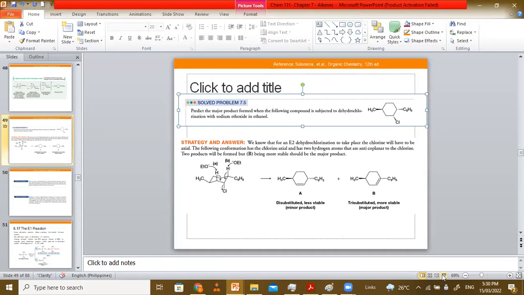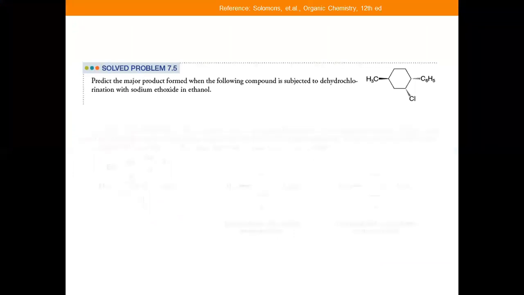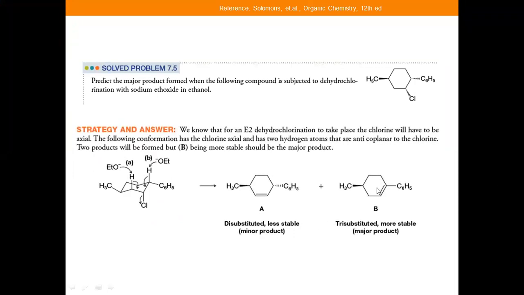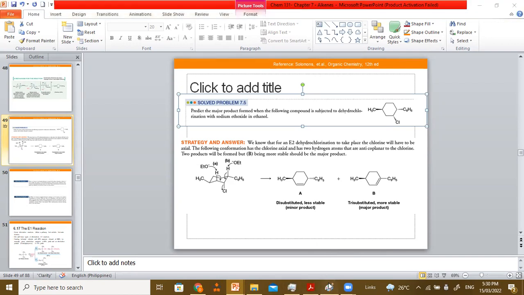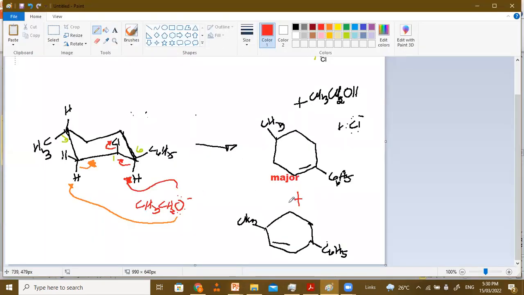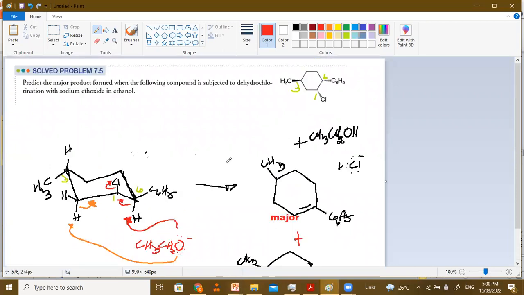Okay, so your major product is the one where it has the C6H5, carbon 1, 2, 3, you have here. And we're showing whether it's the same side or opposite side. You can follow what's the original, this one.